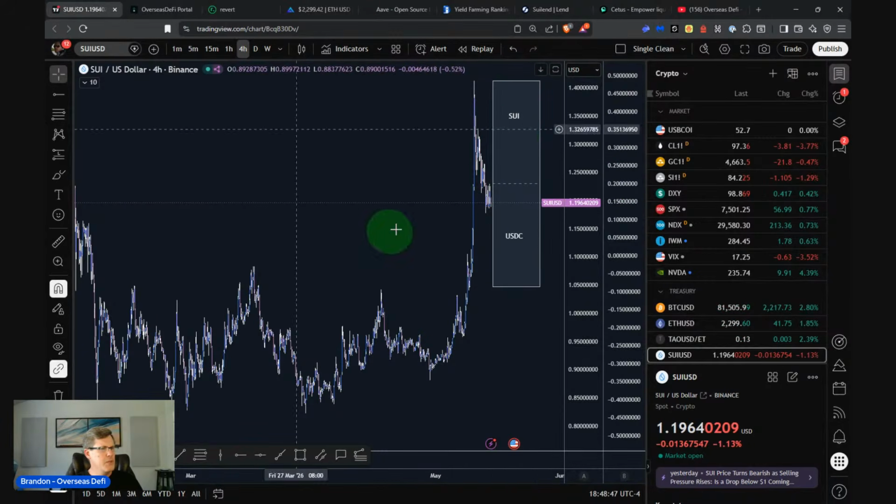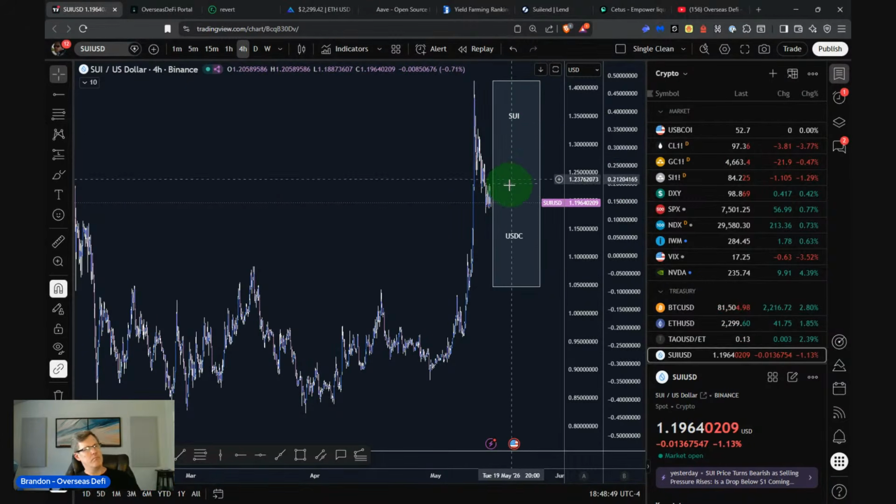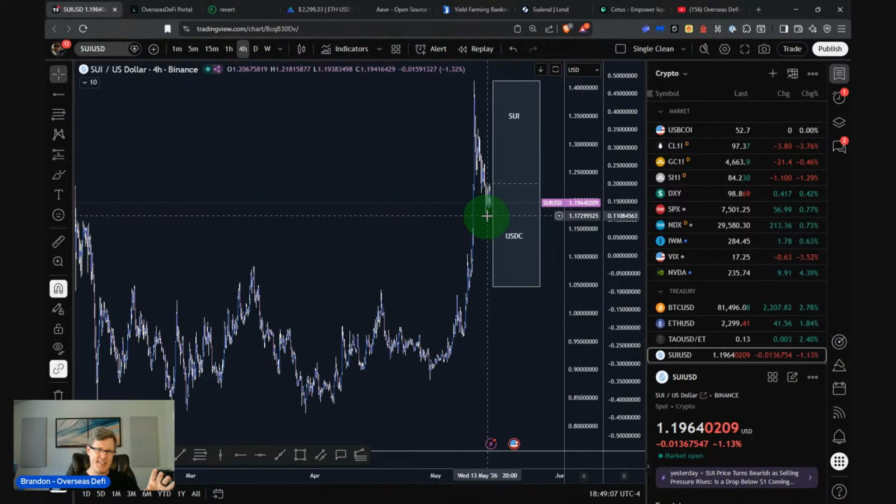I can just look at this range and look at where the current price is, and I can just estimate it. It's going to be about, I would say that's about 60% of my position is going to need to be SWE. And then 40% is going to need to be USDC.